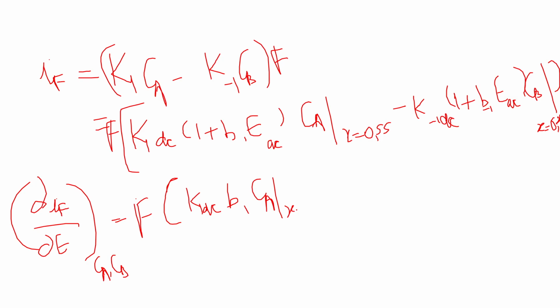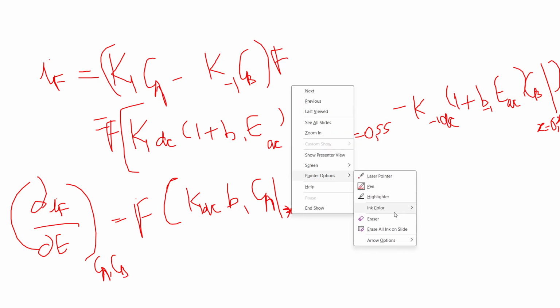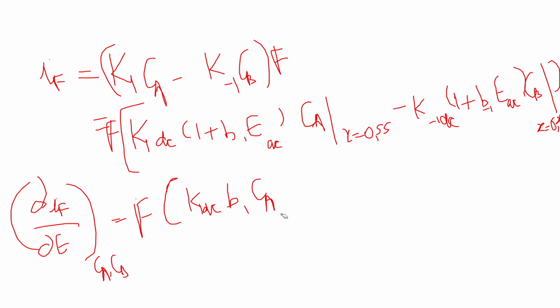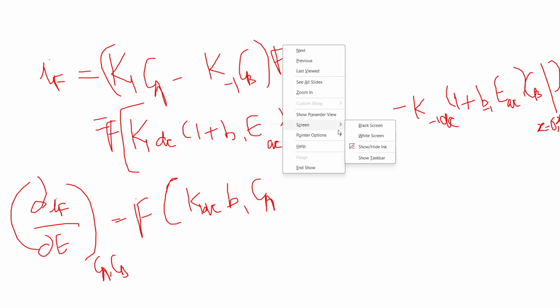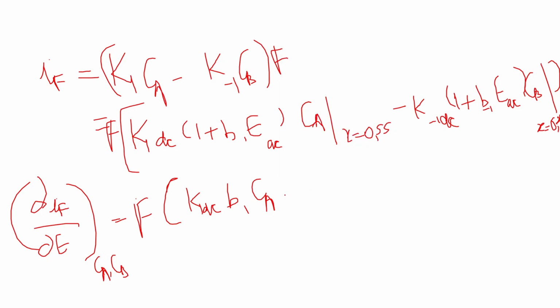So this condition is already known, so I won't be writing it at each step. I'll just write it. I hope so, this term will go because it's a constant, 0. K1 DC into B1 dou E by dou E into CA, minus K minus 1.